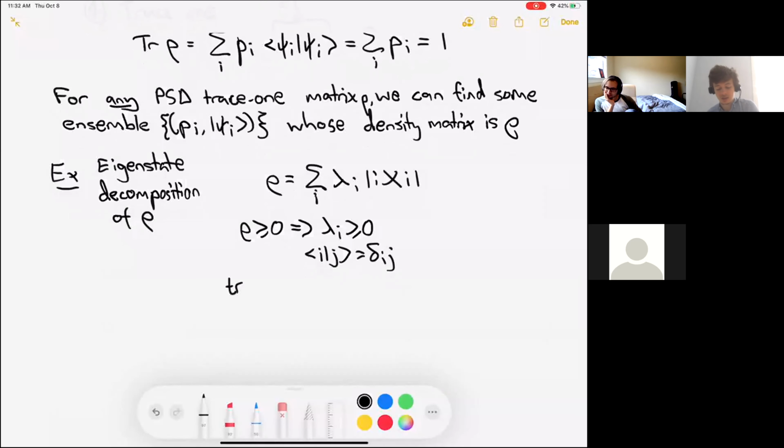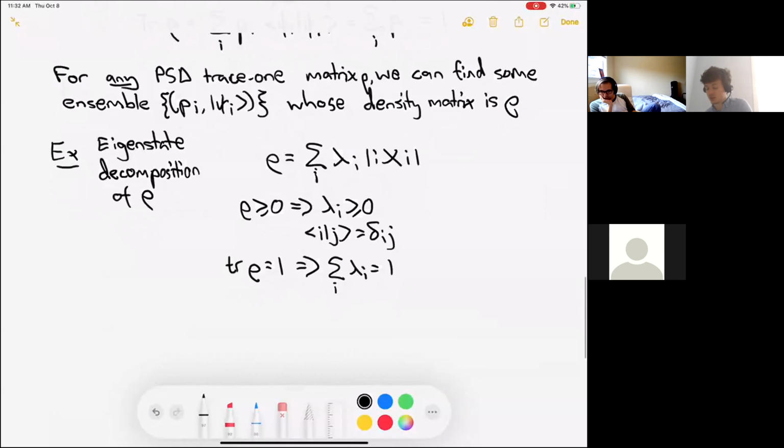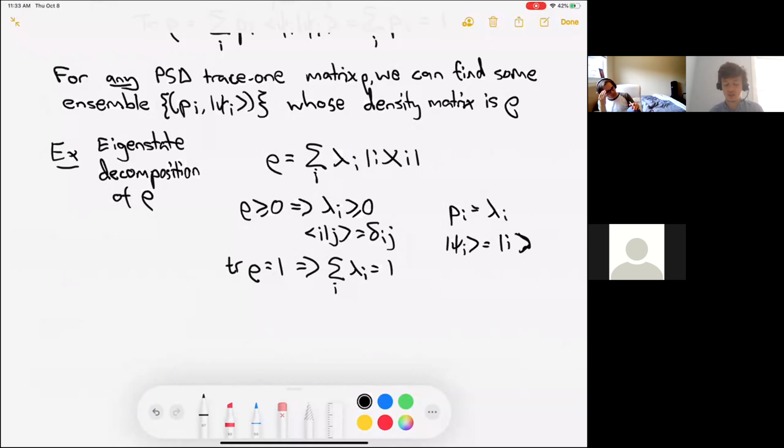And the trace of rho equals 1, which means that the sum over i of the eigenvalues lambda_i is equal to 1. So then it's very simple. We just say our p_i's are equal to the lambda_i's, and our psi_i's are just equal to |i>. Then that ensemble will give us the density matrix rho.